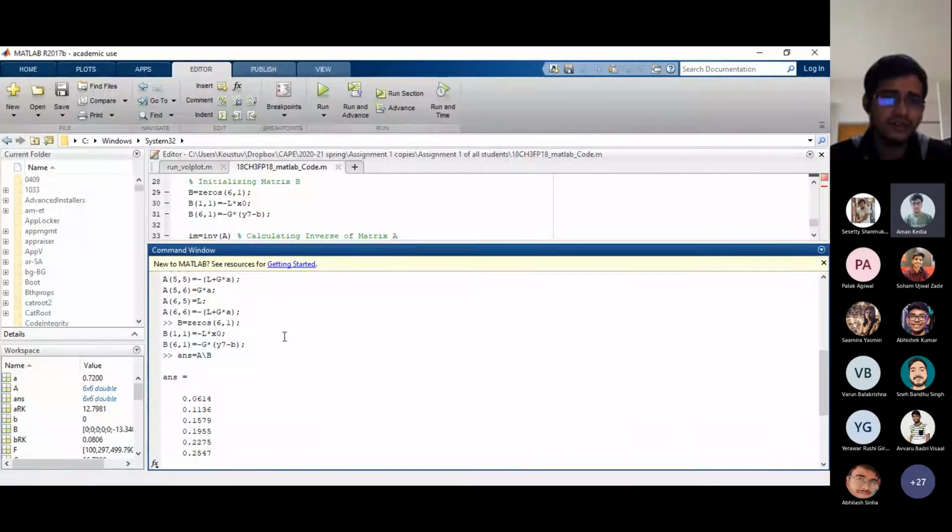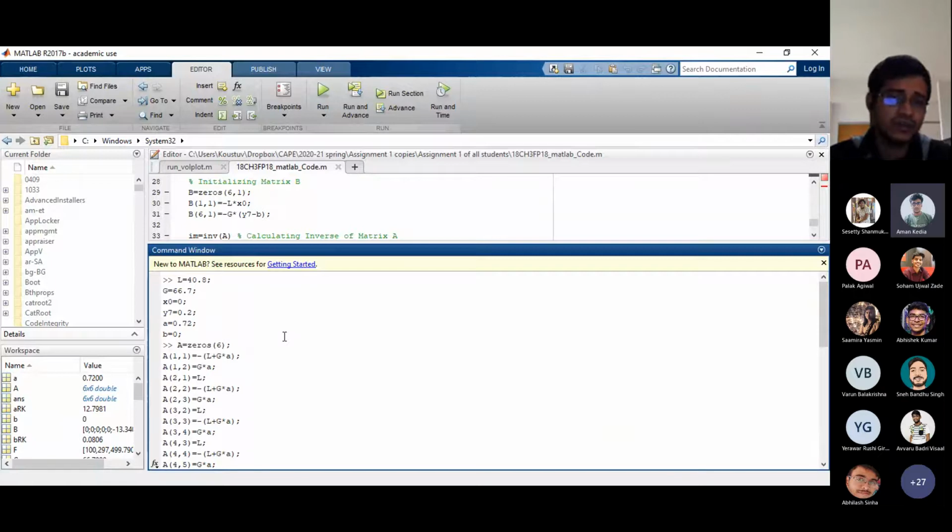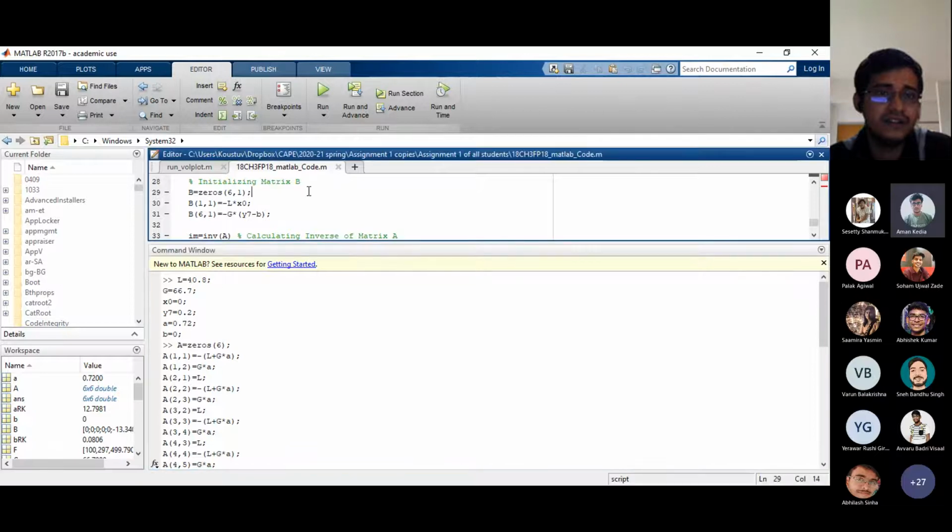Just to show you, you can directly make use of the command window, where you can simply write some mathematical lines to calculate and execute. The results will appear in the command window, and this is the editor window where you have to write several function files or the main file.